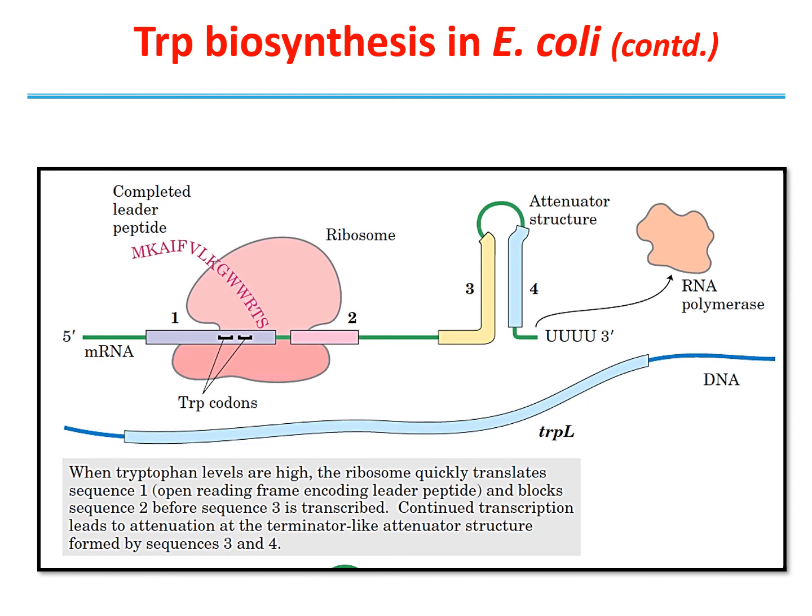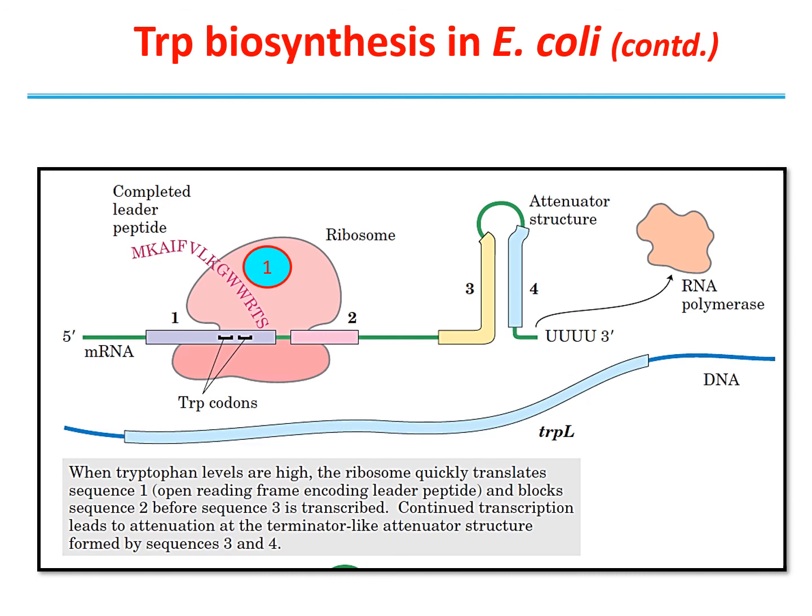So the synthesis of the tryptophan protein requires the availability of charged tryptophan tRNAs. When tryptophan is in the cell, the charged tryptophan tRNAs will be available in plenty and will be incorporated in the protein, and hence the translation will go on at a good pace.